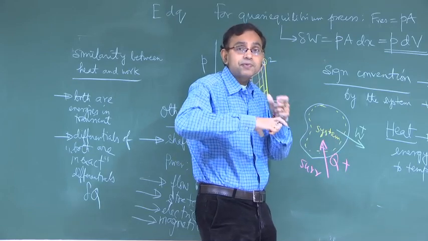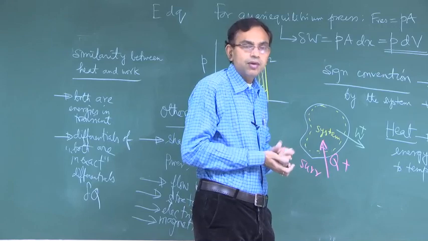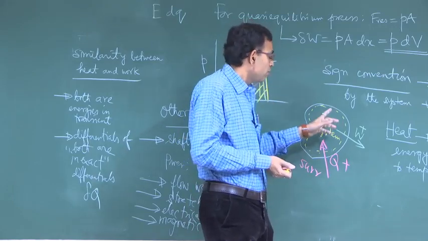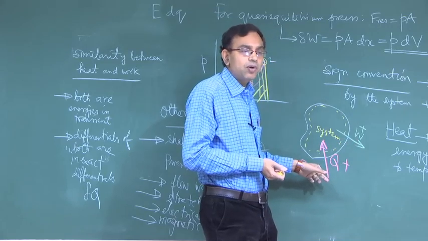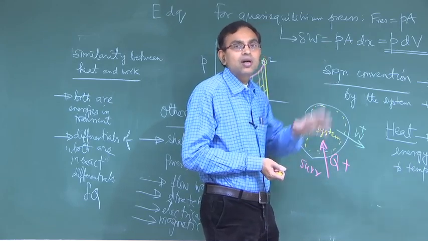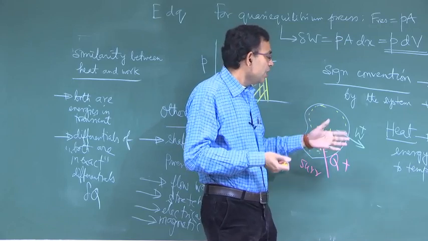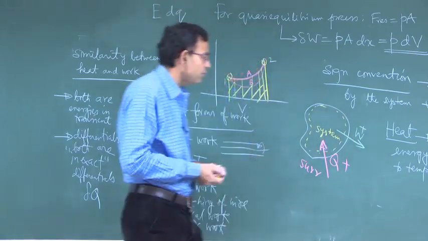But in all the subsequent equations that we develop, for example the first law of thermodynamics and so on, we have to be careful about the sign convention. We will throughout this course be following this sign convention. If somebody follows a different sign convention, those equations will be altered by an algebraic sign. So that is the only sacrosanct thing about the sign convention of heat and work.